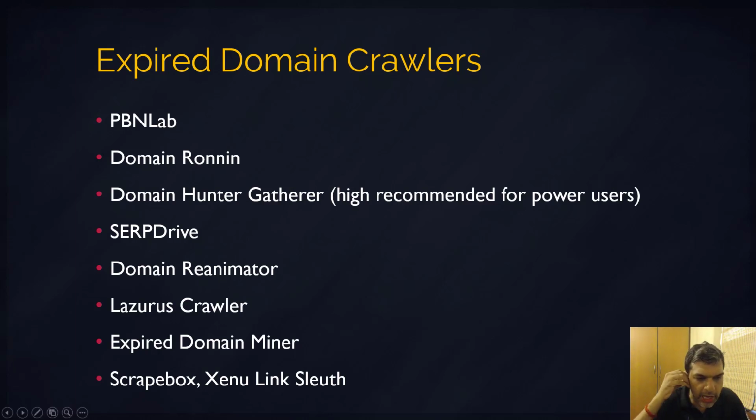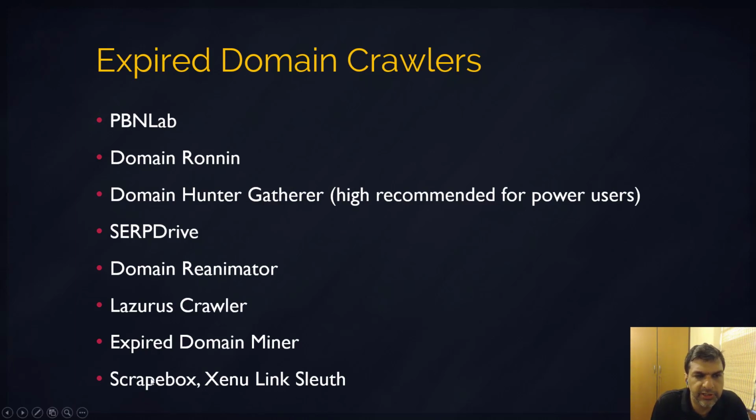And then, of course, if you have the inclination and the time, and you don't have the budget to buy any of these other tools, which I highly recommend, or you want to go into the theory of how it works, you can use Scrapebox, which I think costs about $50, and Xenu Sleuth, which is a free tool.